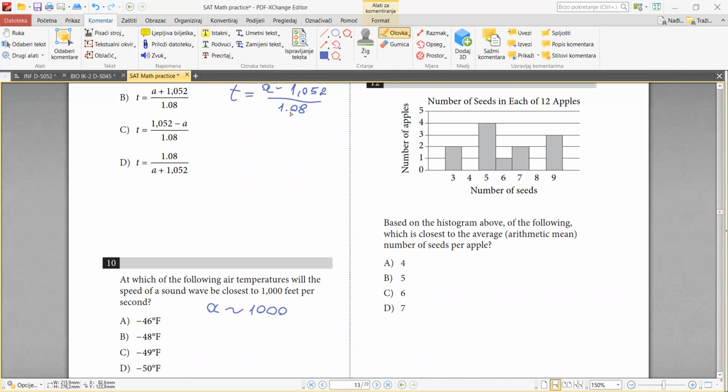And we have our formula from question number 9, so we can just use that formula.